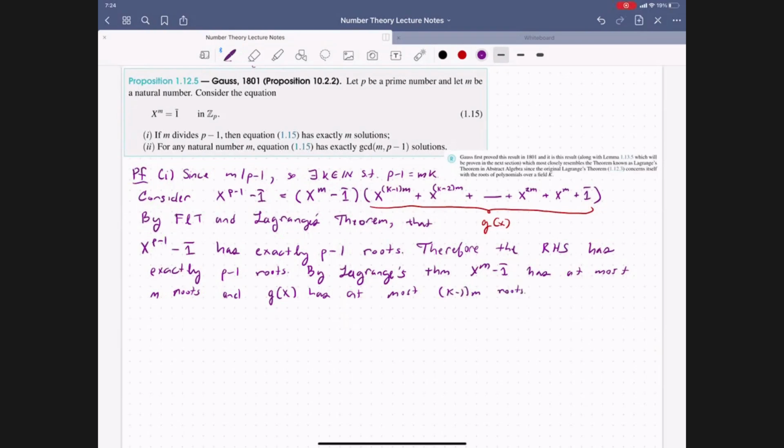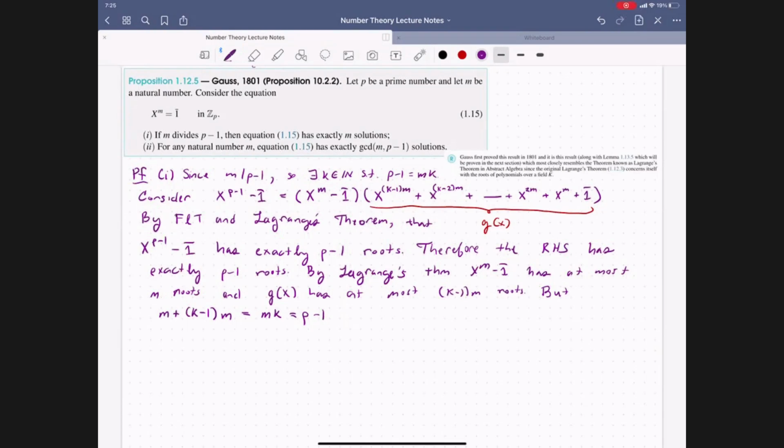By construction, we also have that m plus k minus 1 times m is equal to m times k, which is equal to p minus 1. That's why we define p minus 1 to be m times k.